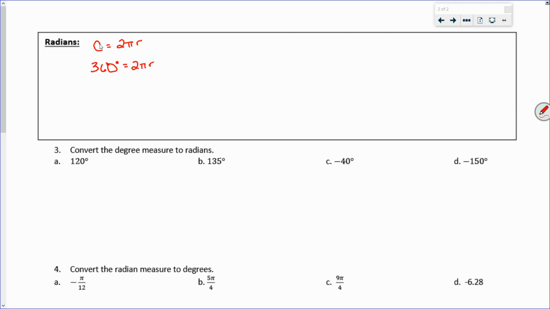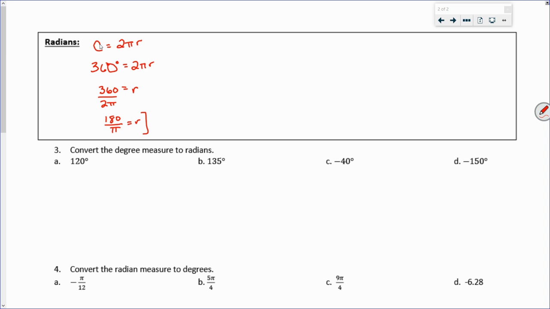If we divide the 2 pi off to get r by itself, we have 360 over 2 pi equals r, which is 180 over pi equals r. So in radians, this is our thing, and I know this seems really weird, but it's something we'll go with.